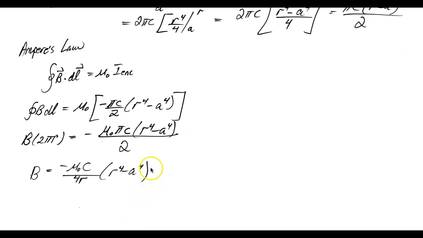And we have all of these values, so we can plug in. Mu naught is 4 pi times 10 to the minus 7th Tesla meter per amp.